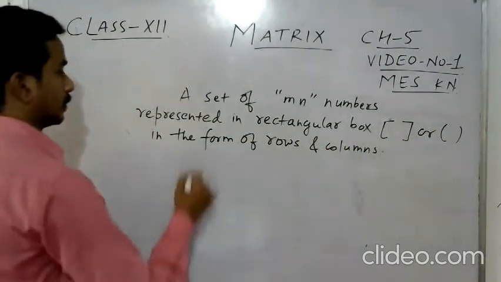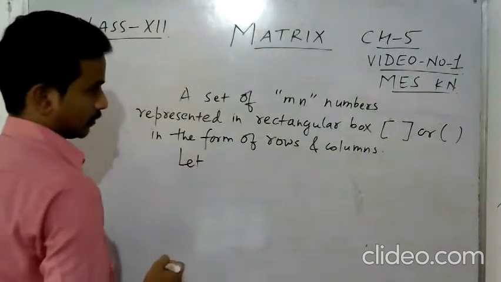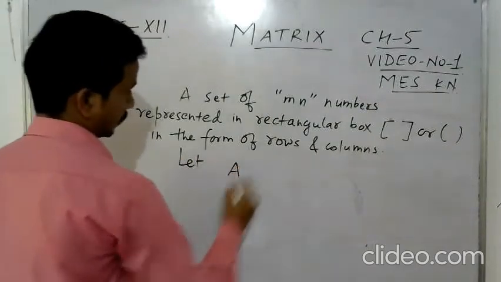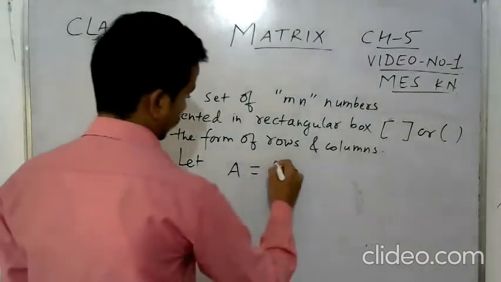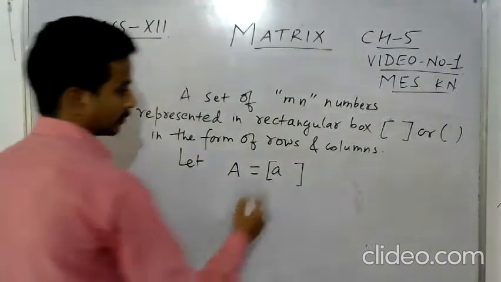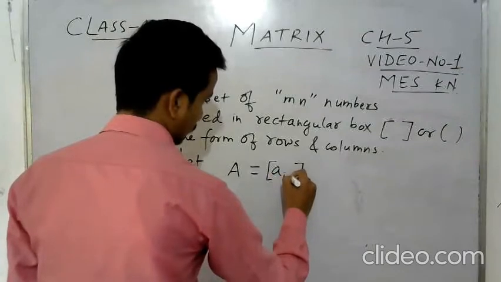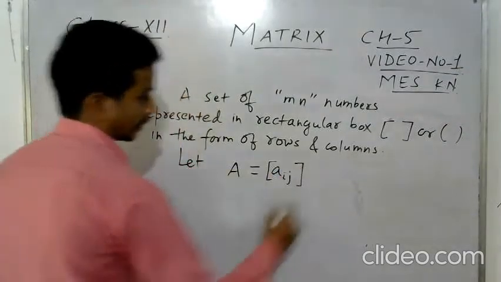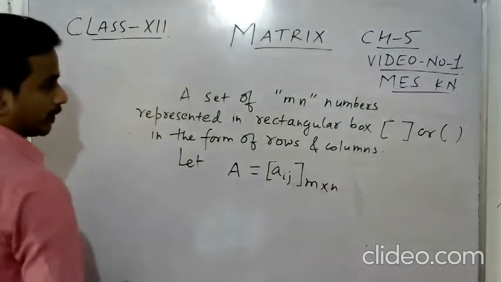Let a matrix be named A. The name of a matrix is always denoted by a capital letter, and within the bracket its elements are denoted by a small letter with two subscripts i and j, with m by n.